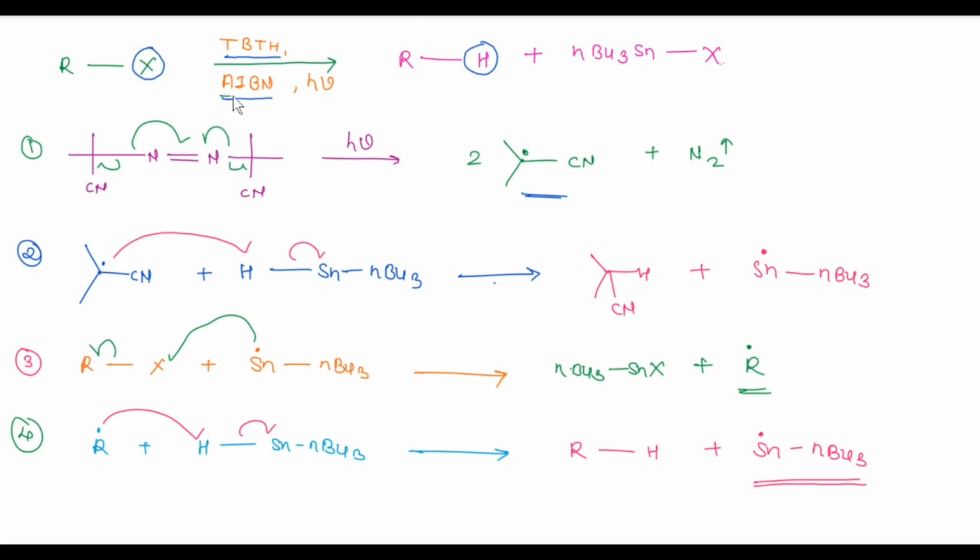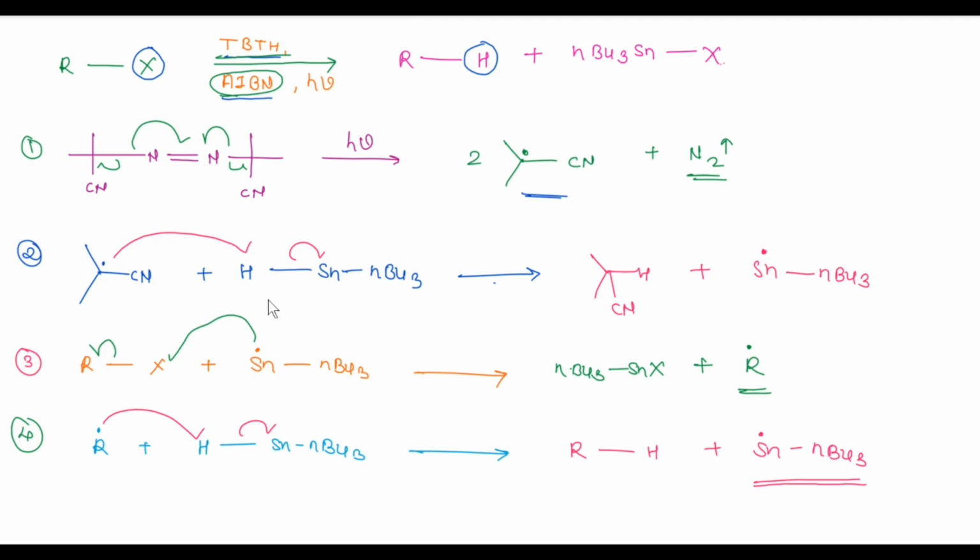In this reaction, only AIBN is used, but not peroxide, in the TBTH reagent, because AIBN forms N2 gas, but in peroxide another side product is formed.